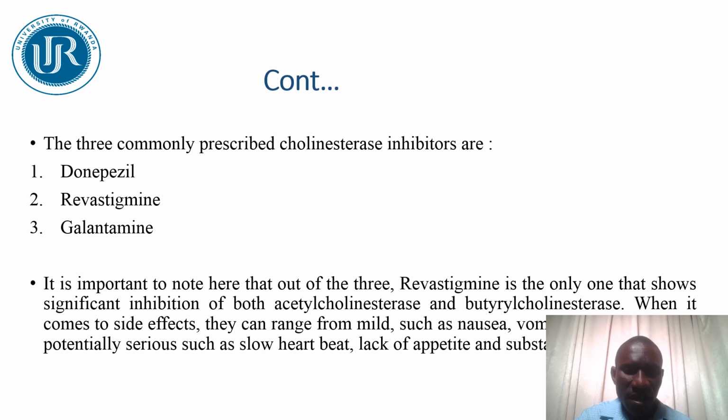When it comes to side effects, they can range from mild, such as nausea, vomiting, and even diarrhea, to some other adverse effects, such as slow heartbeat, lack of appetite, and others.